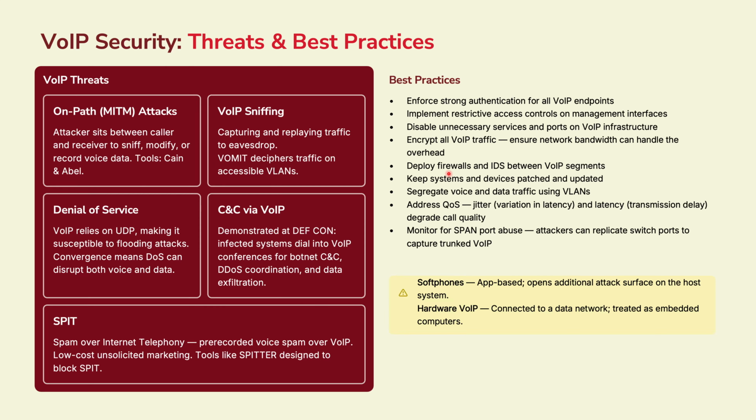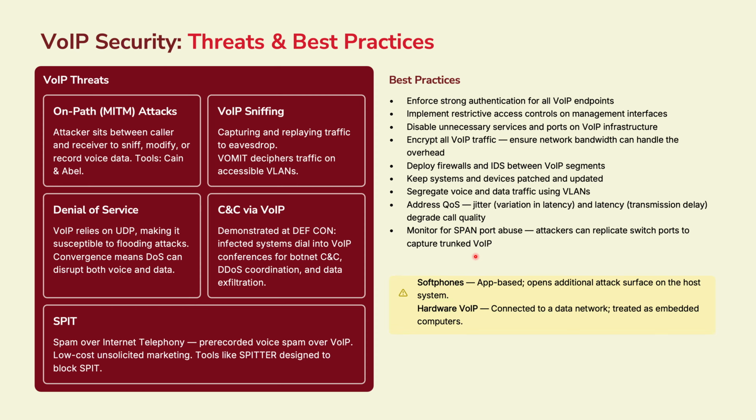Of course, deploy firewalls and IDS between voice over IP segments, keep systems and devices patched and updated, segregate voice and data traffic using VLANs, address QoS, jitter and latency, and monitor for SPAN port abuse. Attackers can replicate a switch port to capture trunked voice over IP.